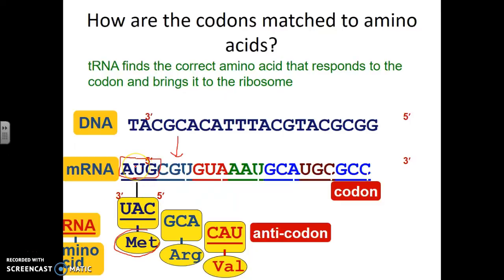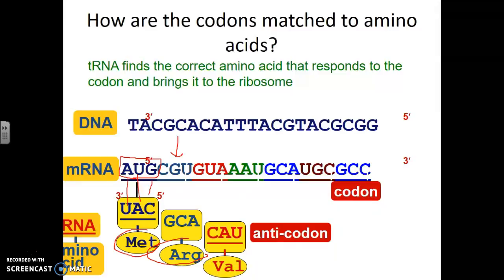What an anticodon means is that it's complementary to the mRNA codon. For example, the codon is AUG, and the complementary anticodon is UAC.